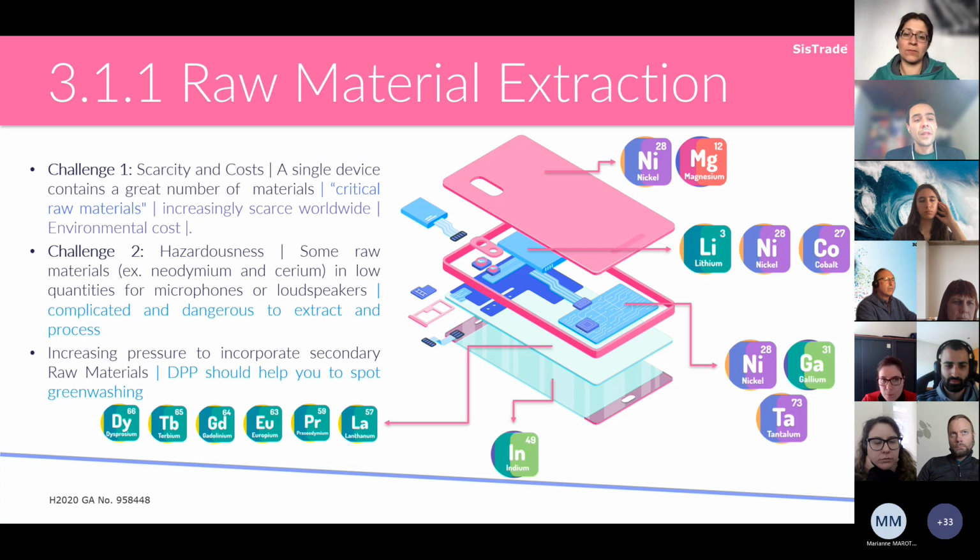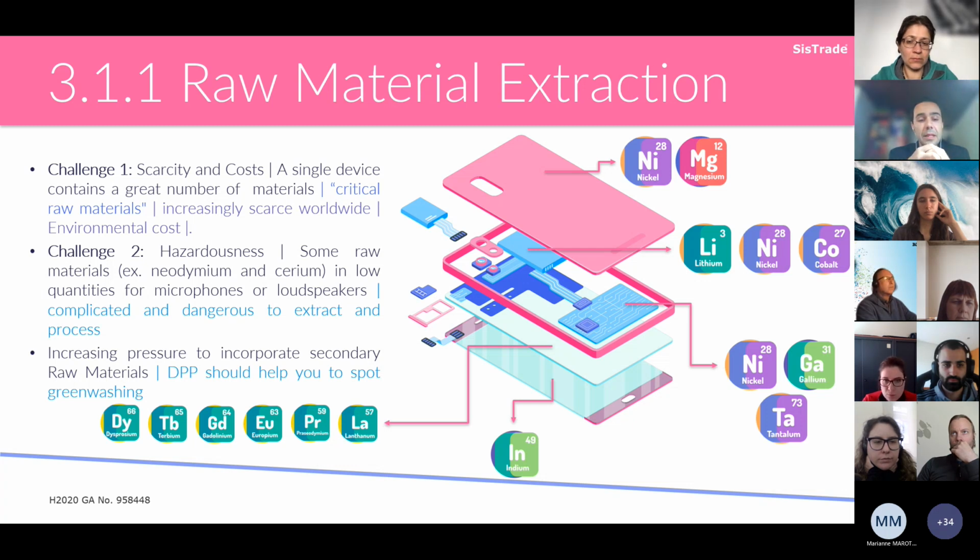The second challenge is the hazardousness. Some raw materials, for example, the neodymium and cerium that are typically used in microphones and loudspeakers, are complicated and dangerous to extract and process. And we have also an increasing pressure to incorporate secondary raw materials.